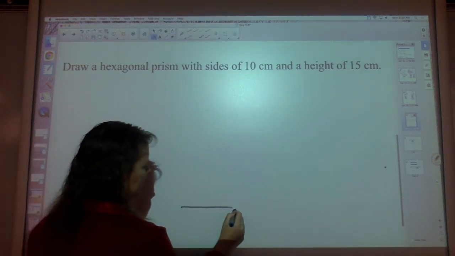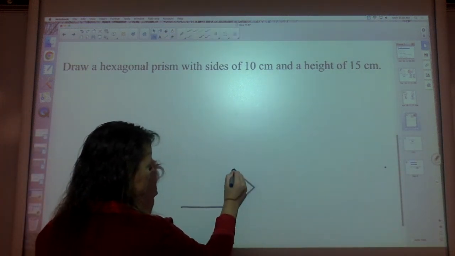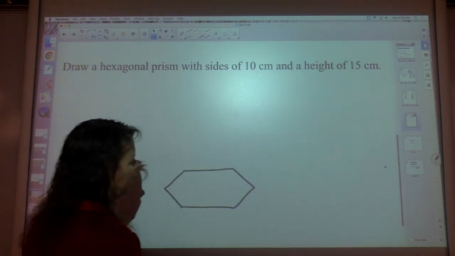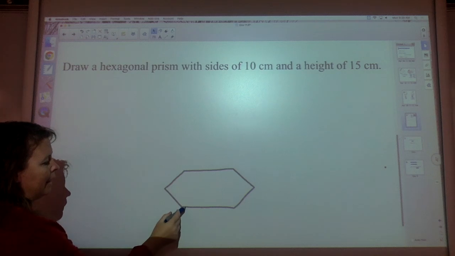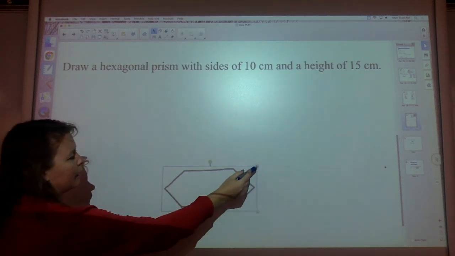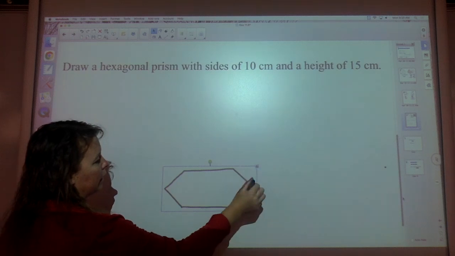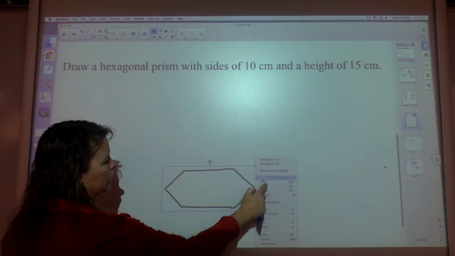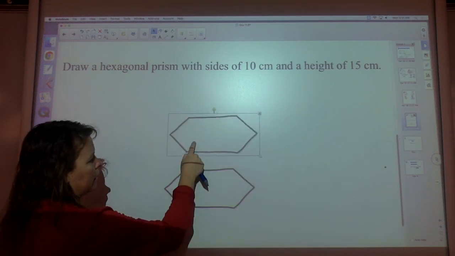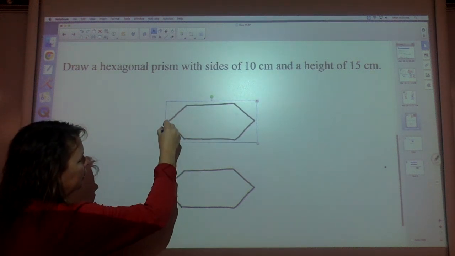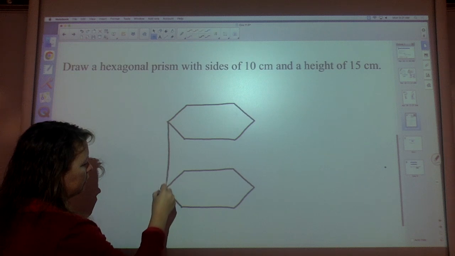So if I can draw this, you'll be told that it's a regular hexagon. Then try to draw one exactly like it. If you could draw one exactly like it, I'm going to clone it and cheat. Straight above it, all you need to do then is connect the vertices.